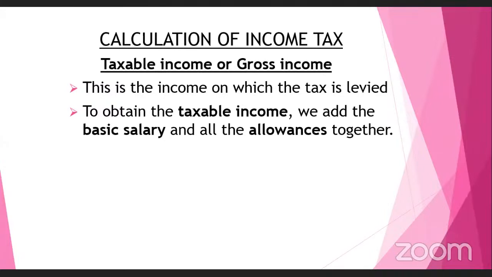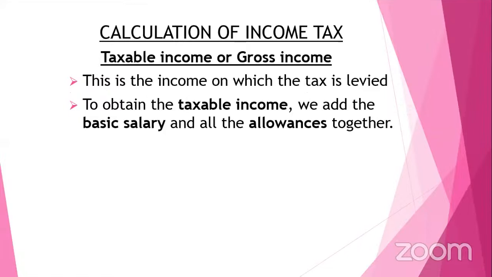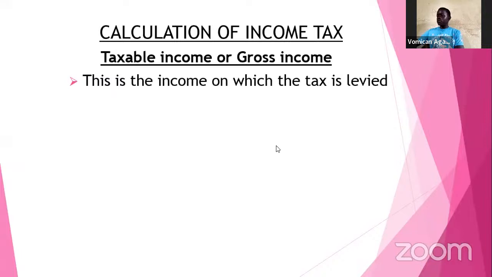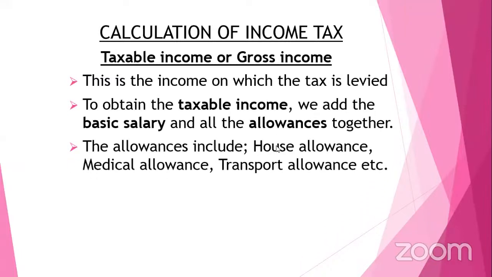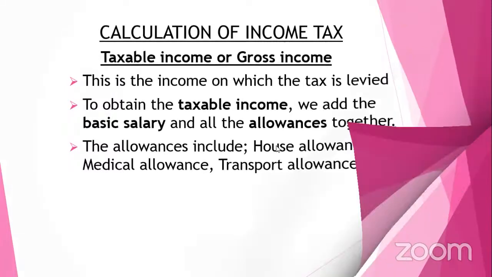So that's how you arrive at taxable income. The allowances include things like house allowance, medical allowance, and transport allowance. There are several forms of allowances that you pay.